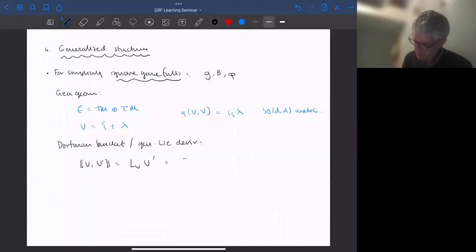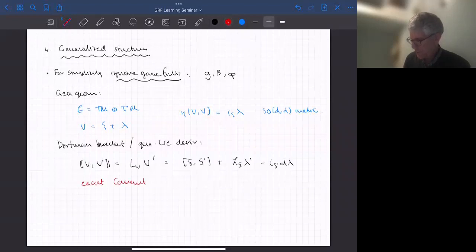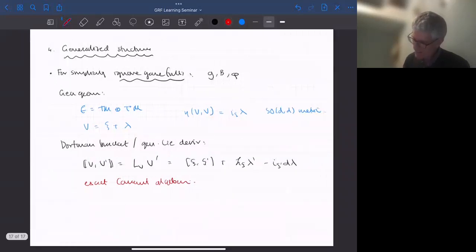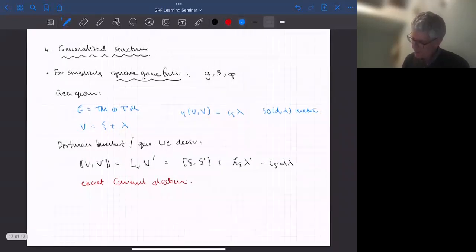And as you know, this is just the ordinary Lie bracket, the Lie derivative, and then an extra term. So this is some exact Courant algebra. I could either think of adding a flux piece in here, or I can think of this as some twisted bundle and put the flux in the twisting, but those two things are equivalent.